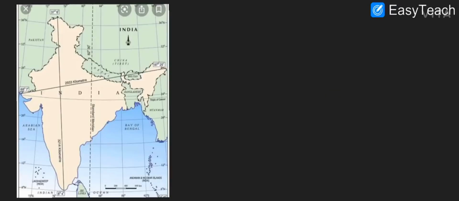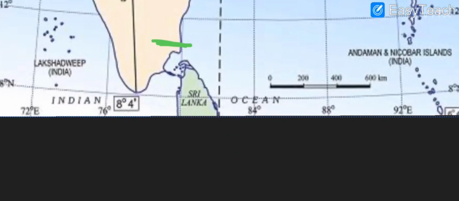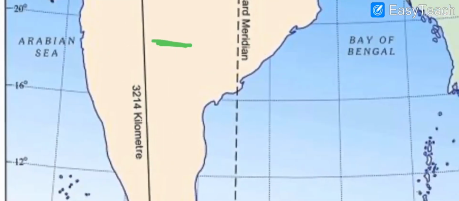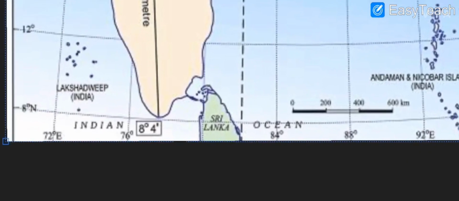Next is the map. Now here can you see the coordinates? Look at the coordinates. 37 degree 6 minutes north to 8 degree 4 minutes north. And here you can also see the standard meridian.